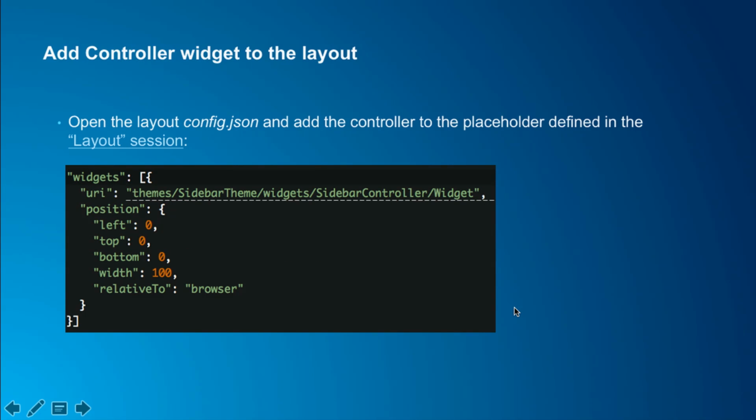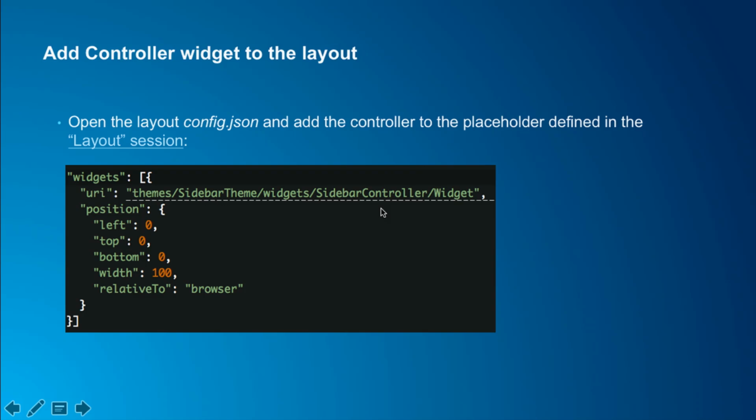After we have done all these, the next step is to update the layout config.json, because that old layout config file still has the widget placeholder in it. It doesn't have a URL telling it which widget it should display.